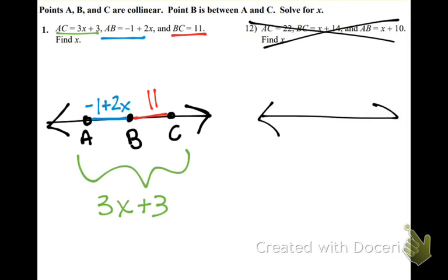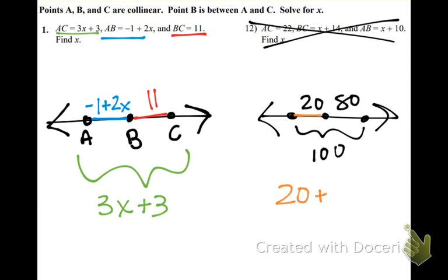So I want you to keep in mind what we just did. You just did this, where you said this piece was 20, this piece was 80, and 20 plus 80 equaled 100. So the two pieces add up to the full length of the line. Okay, so my two pieces are my blue and my red here. They're going to add up to the full length of the line.